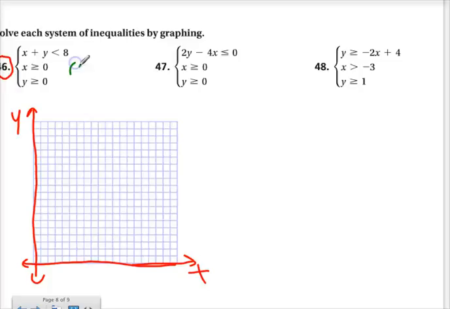And then if you just quickly do the zeros for the top graph there, you're going to see you're at 0, 8, and 8, 0. And, well, let's see, I'll just get a couple of numbers on here, just going by twos.